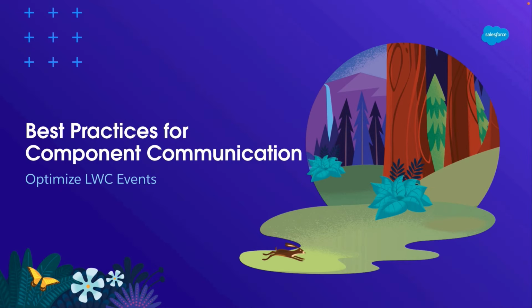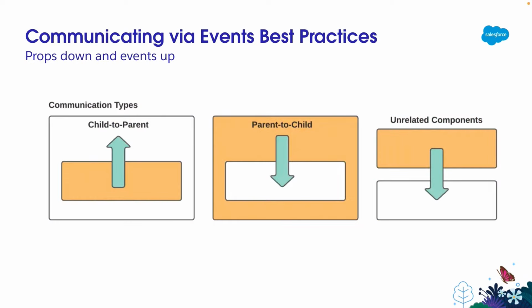Alright, in this section, we're going to discuss some of the best practices for component communication. Before we discuss the best practices for using events in Lightning Web Components, let's understand various communication types. The first example shows communication from child to parent.